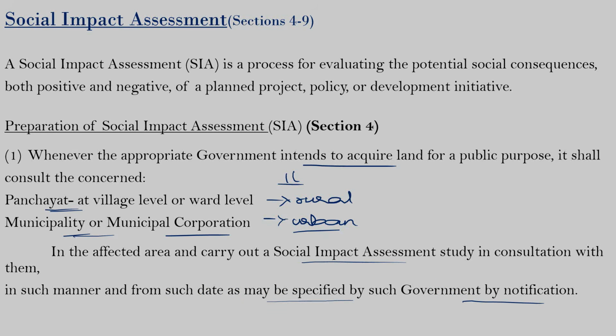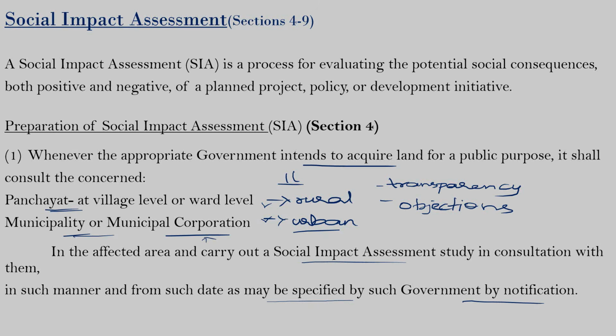This notification or consultation is done by the government for transparency in the process of acquiring the land and also to take objections from the public. As these bodies are the representatives of the public, the government approaches the concerned authorities for any objections or suggestions by them.